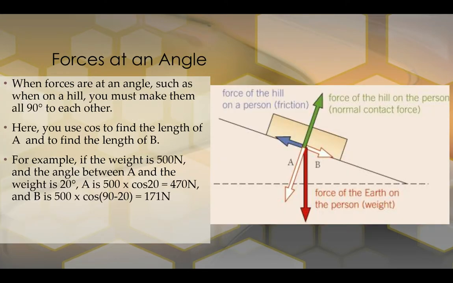So forces at an angle, let's say on a hill, it's quite a common one. You have to make sure that all the forces are 90 degrees to each other. So you can do this by using trigonometry.